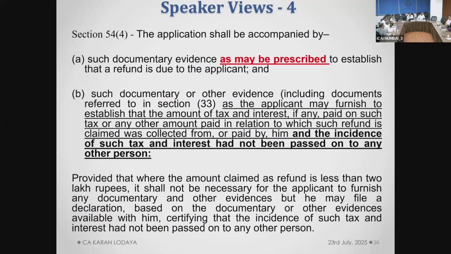So while I'm filing a refund claim, I have to follow this 54(4). But they are saying in 8, notwithstanding anything in subsection 5. Subsection 5 is the ultimate, so you can go out and need not file this declaration. In 5 it says refund is credited to the fund.